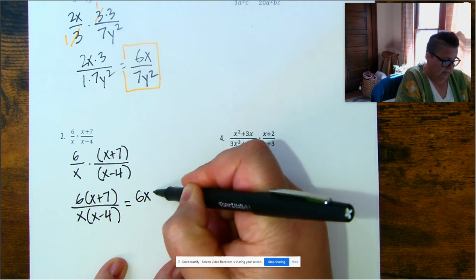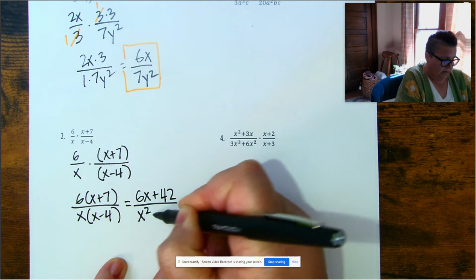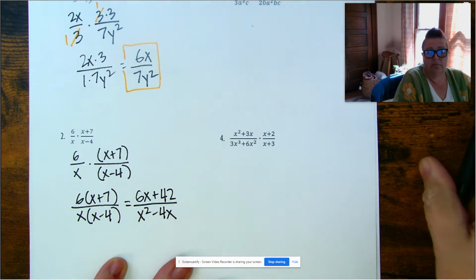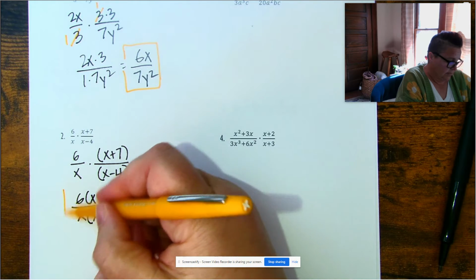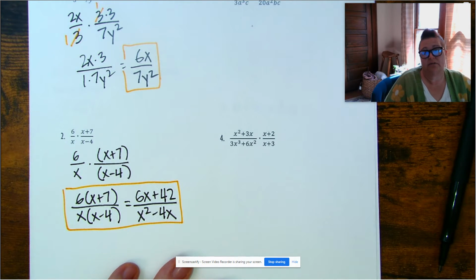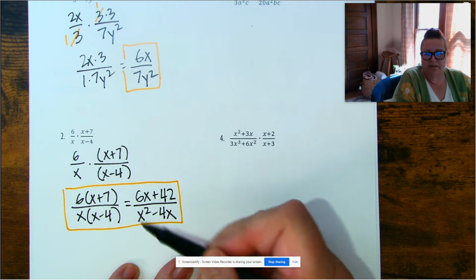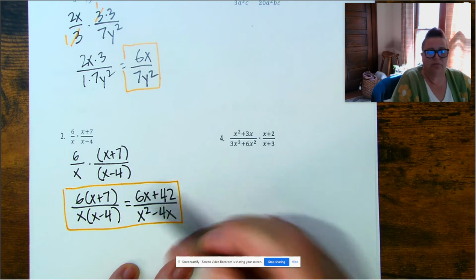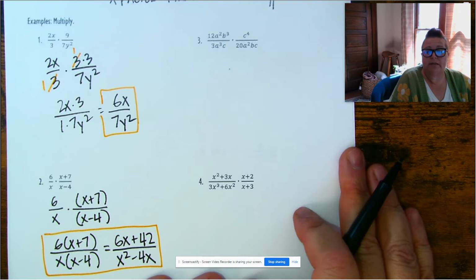So we have 6x plus 42 over x squared minus 4x. Both of these are equivalent answers. It just depends upon the format requested for the answer. My preference is the factored form because I can get to it quickly, but both are accurate and both are good.